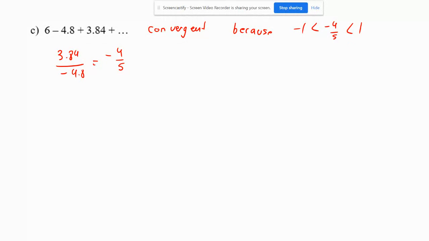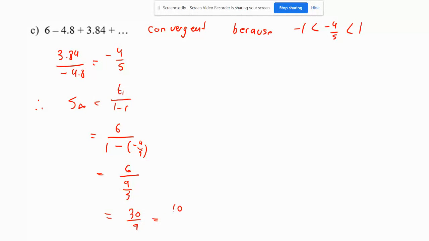Okay, so -4/5 is in between -1 and +1. So therefore, S infinity equals T1 over 1 minus r. T1 is 6 over 1 minus -4/5, is 6 over 9/5, is 30 over 9, which is 10 over 3. And that's your answer for this guy over here.